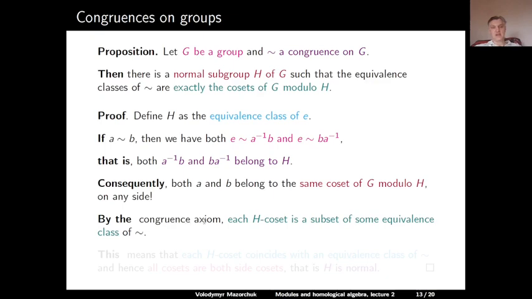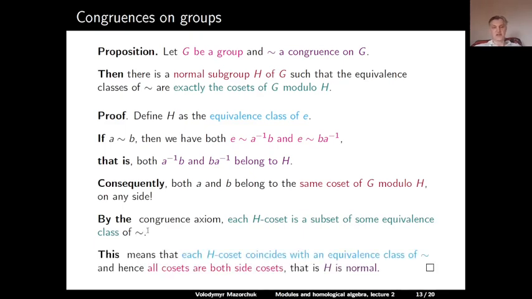And by the congruence axiom, each H coset is a subset of some equivalence class of tilde. So this means that each H coset coincides with an equivalence class of tilde, and hence all cosets are both left cosets and right cosets, which means that H is normal. And this completes the proof.